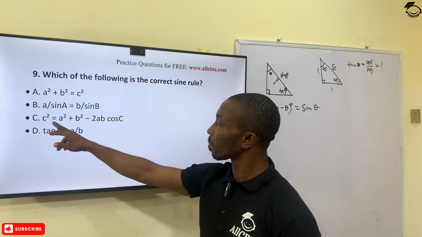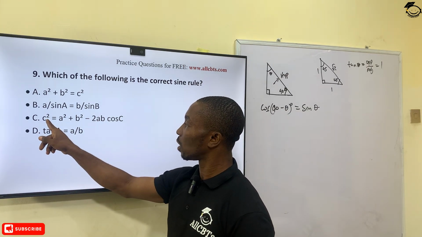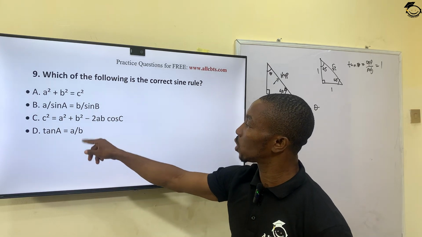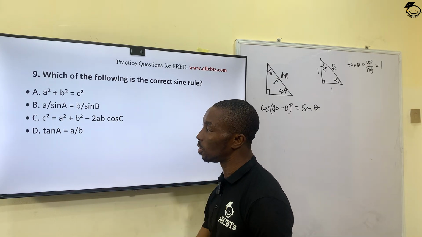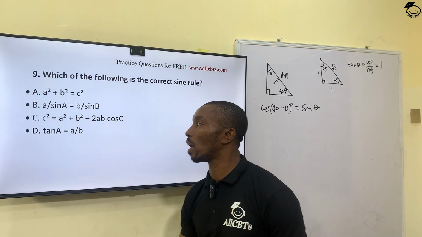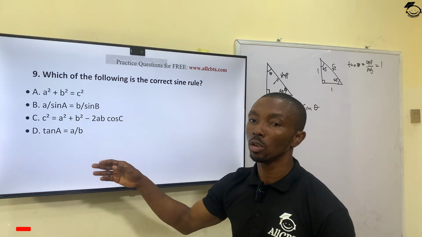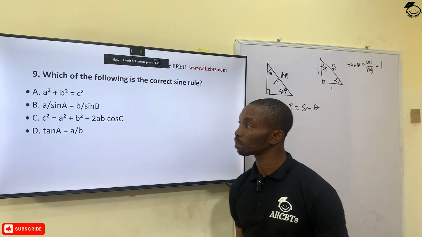Our option C represents the cosine rule, where c squared equals a squared plus b squared minus 2ab cos c. So the correct option would be option B, where we have our sine rule as a over sine A equals b over sine B.